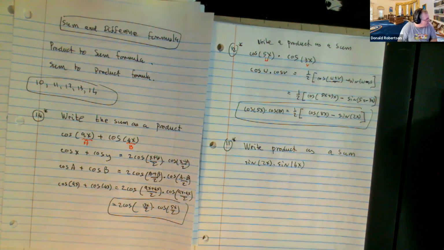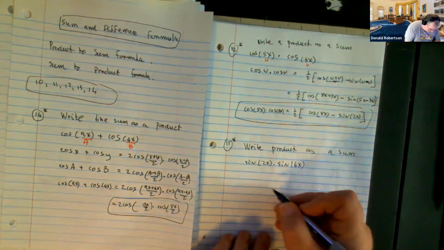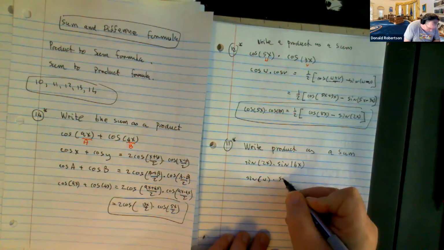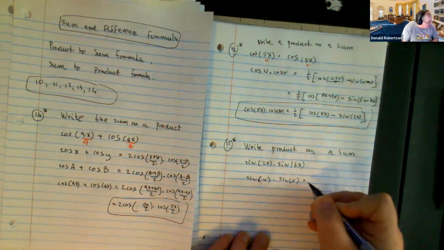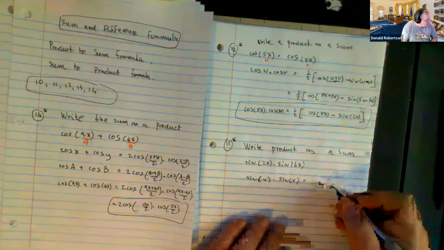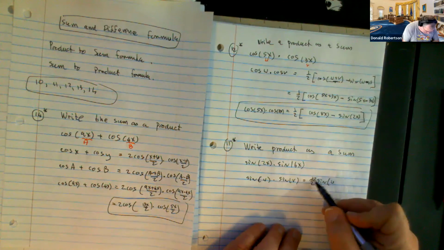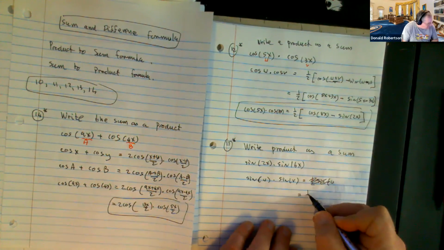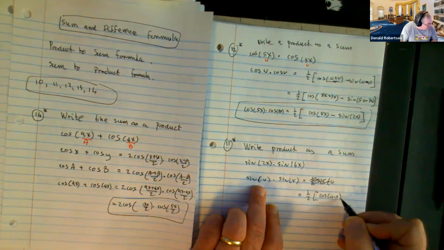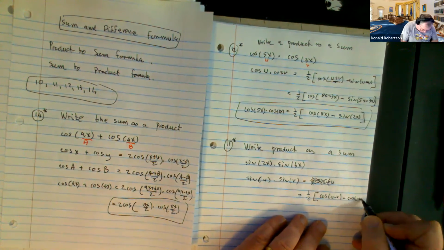So product to sum, sine times sine. And the formula for a sine of u times the sine of v is 1/2 the sine of u take away v. No, scroll the wrong one. 1/2 the cosine of u take away v minus the cosine of u plus v.